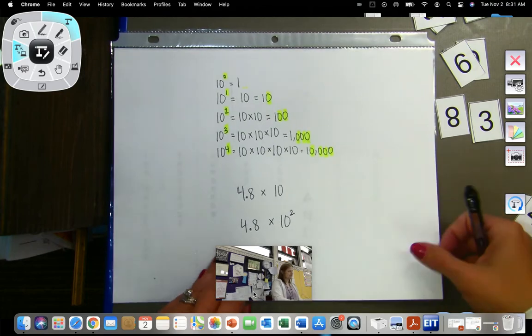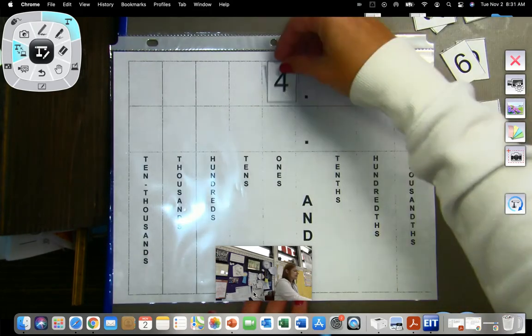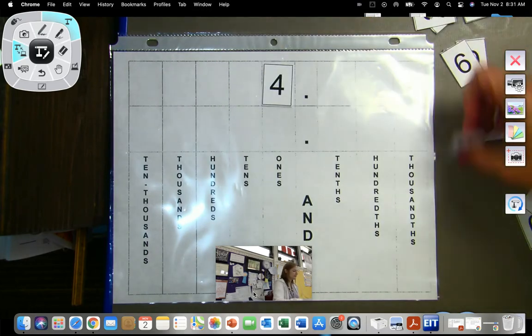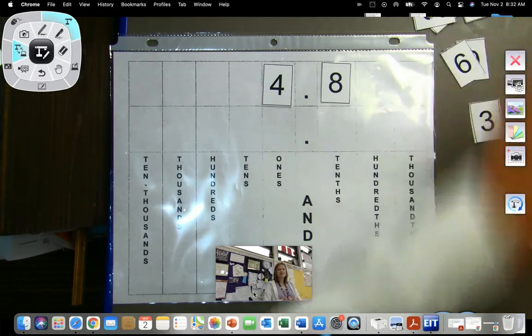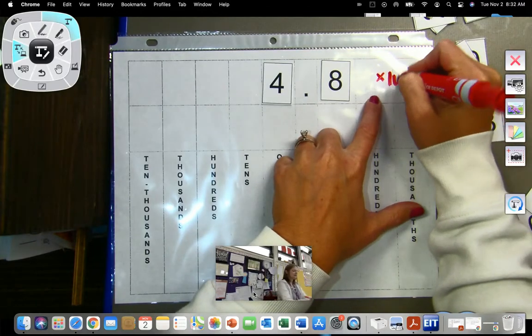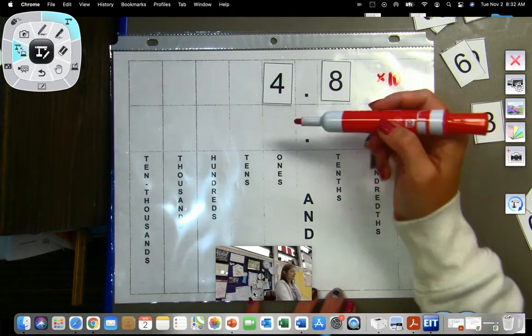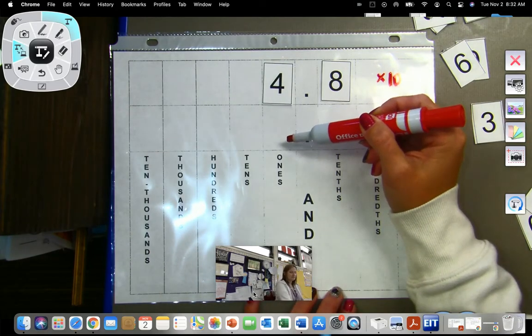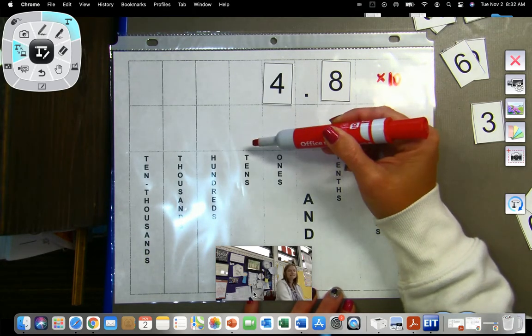So let's do 4.8 times 10, okay? We're going to line up our numbers here. We have a 4 in the ones position, and 8 in the tenths position. So we have 4.8, right? We are multiplying by 10. And if we remember from our place value chart from the beginning of the year, when we have our ones position, to go to the tens position, it takes 10 ones to get 1 ten, right?